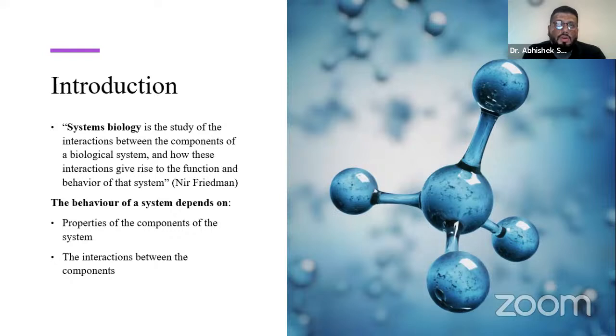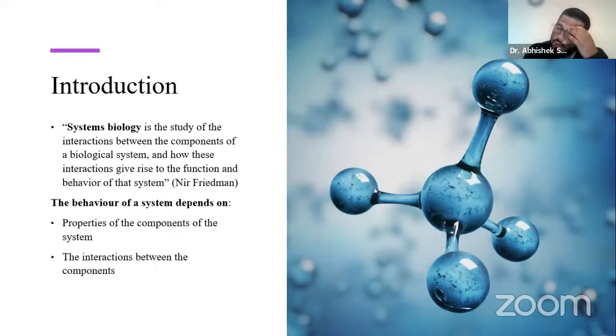Those are coherent behaviors, so the components keep interacting among themselves and give rise to the behaviors of a system, right? Those behaviors are exactly a bird's eye view of the whole system, or its function, or it could be in the form of a certain phenotype or physiological role of that system.